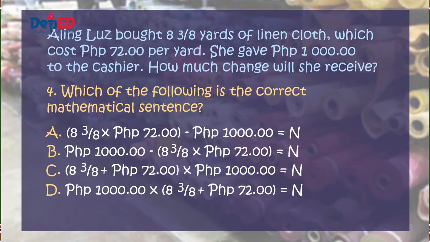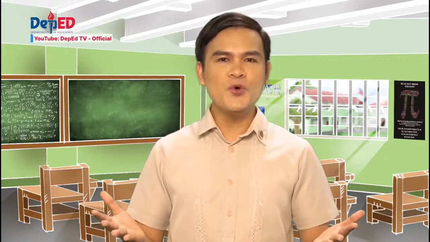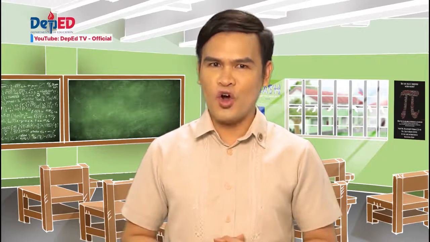The correct answer is letter B. 1,000 pesos minus 8 3/8 times 72 pesos equals N. What is the correct answer in the problem? The correct answer is letter A. 397 pesos. Now, how many of you got a score of 4 or 5?